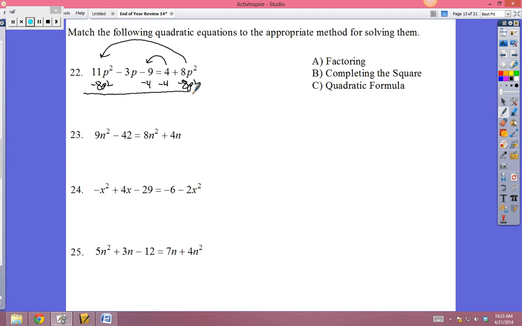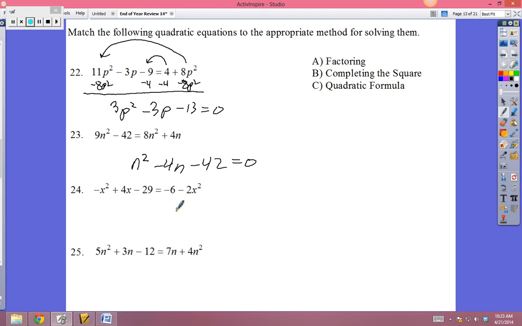So the first one should give you 3p squared minus 3p minus 13 equals 0. The second one, if you move these both to the left, should give you just n squared minus 4n minus 42 equals 0.